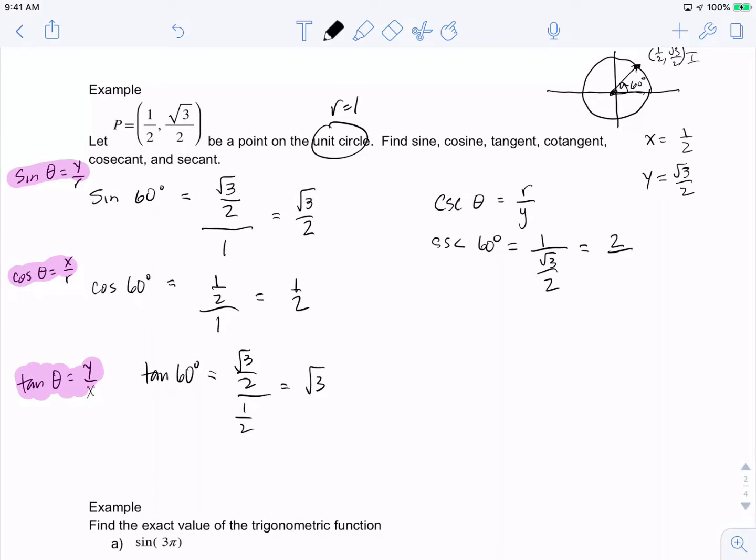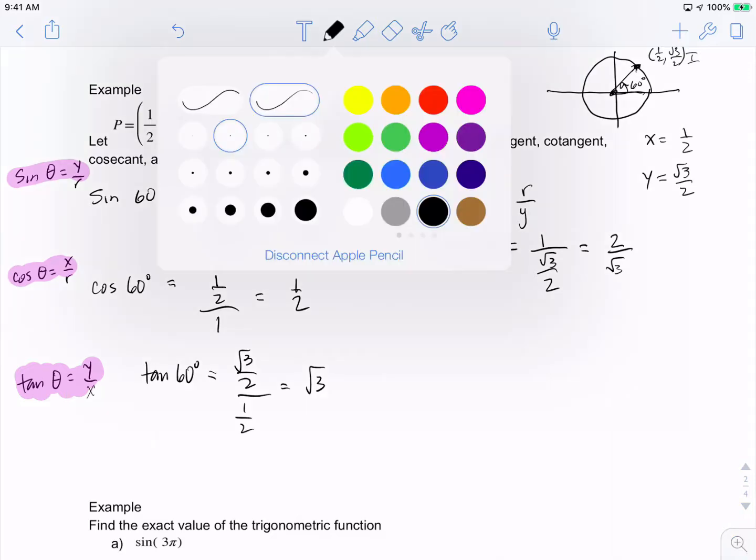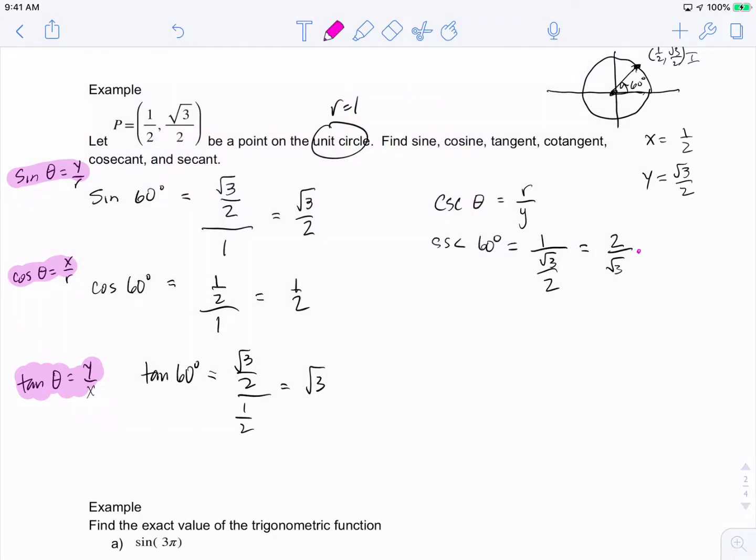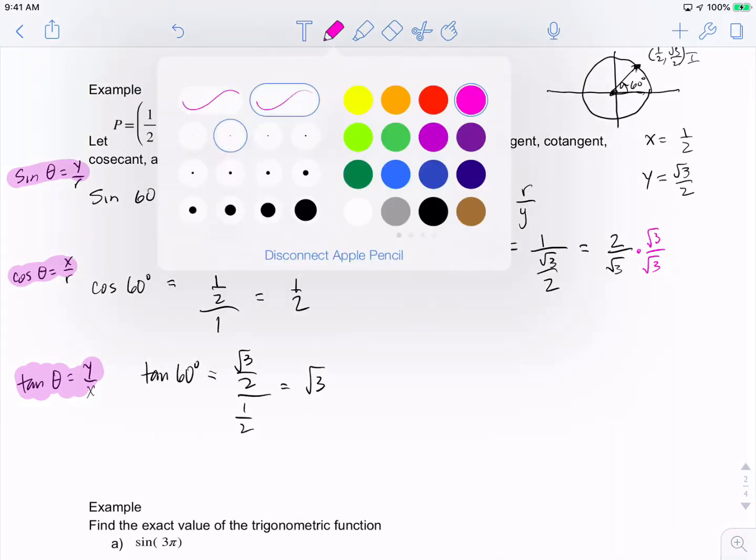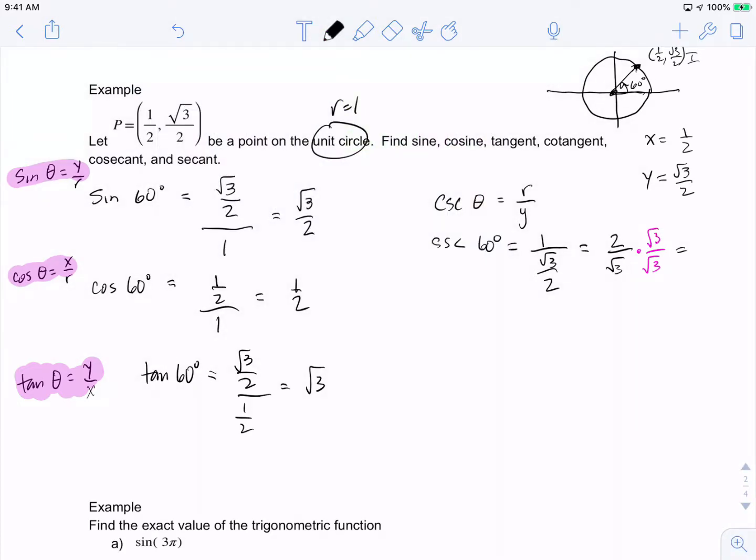So that's going to be 2 over radical 3, but we never leave the denominator with radicals in it. So to rationalize this, just in case you don't remember, I'll show you. It's radical 3 times radical 3. And what that's going to yield is 2 radical 3 over 3. That's the answer for cosecant of 60 degrees.